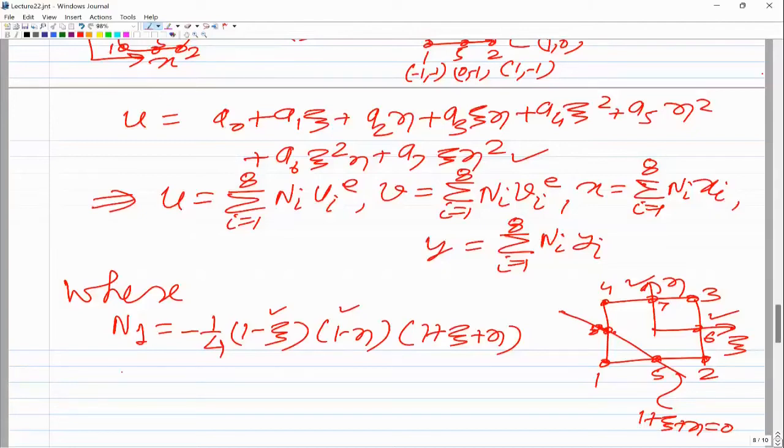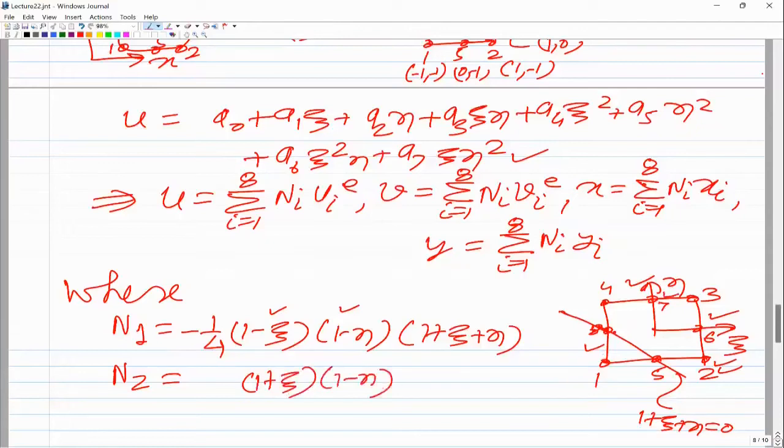Similarly when you write N2, N2 is the shape function corresponding to this node. Again I have to cover all the remaining nodes. For that I take the equation of this line, which is basically 1 plus xi, because the equation of this line is xi equal to -1 or 1 plus xi equal to 0. So I take that, and the equation of this line is still 1 minus eta.